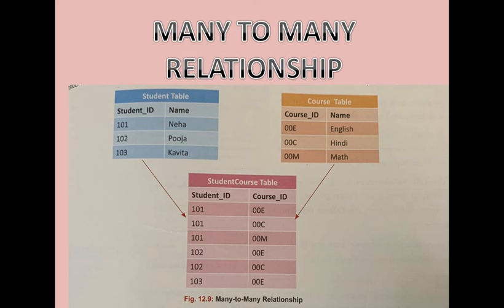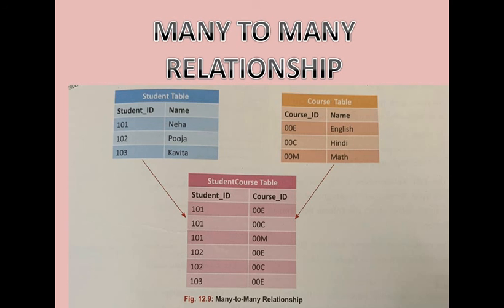In the student table student ID is the primary field, and in the course table course ID is the primary field. Both primary fields have been joined to make the student course table. So these primary keys are the foreign keys in the join table.